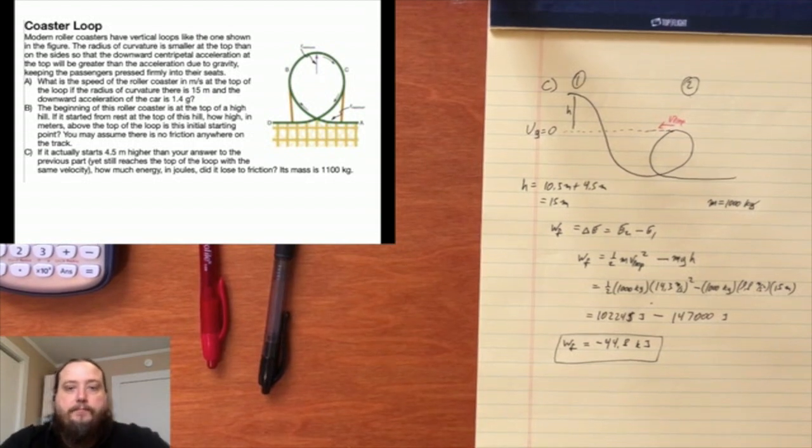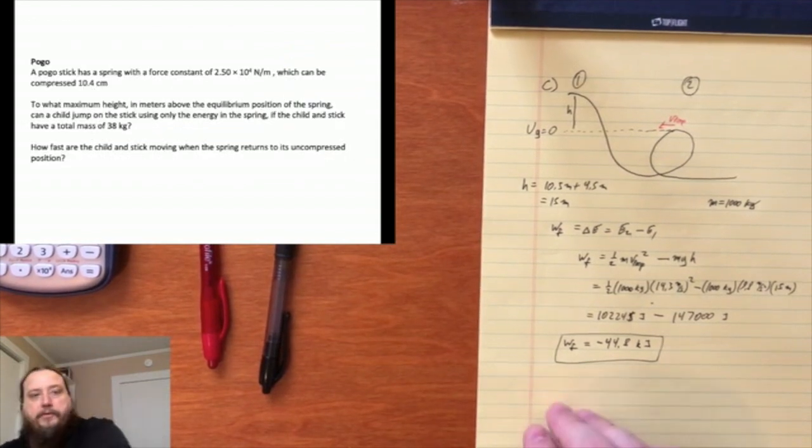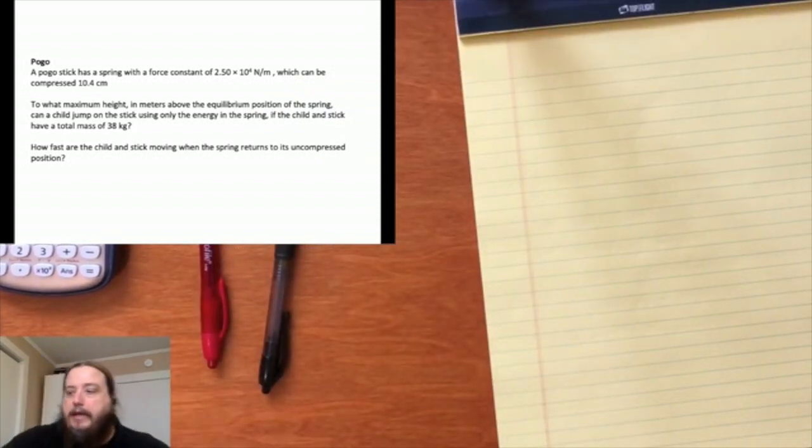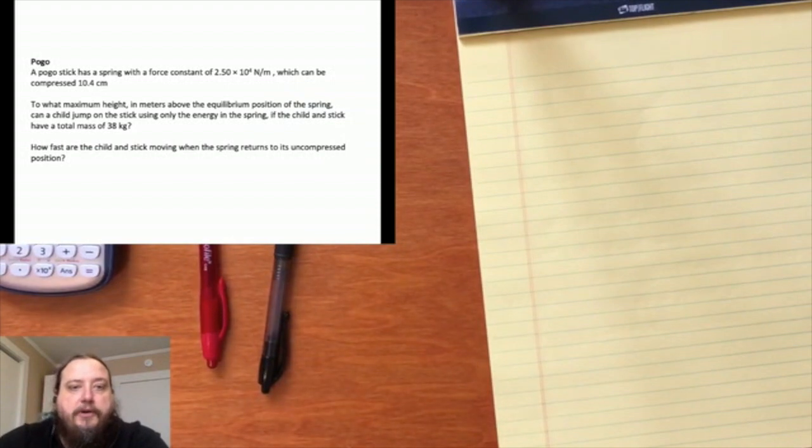Okay, well, let's try another one here. This one says, a pogo stick has a spring with a force constant of 2.5 times 10 to the 4 newtons per meter, which can be compressed 10.4 centimeters.